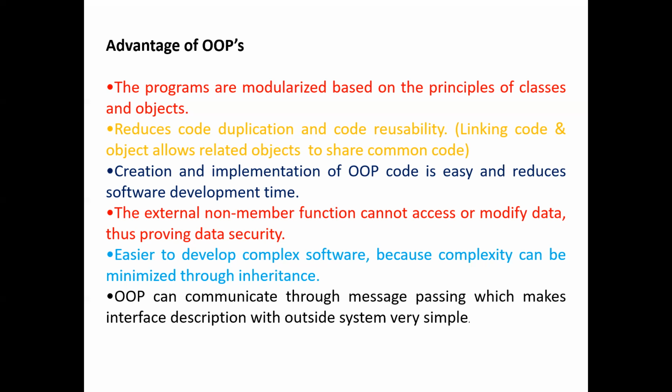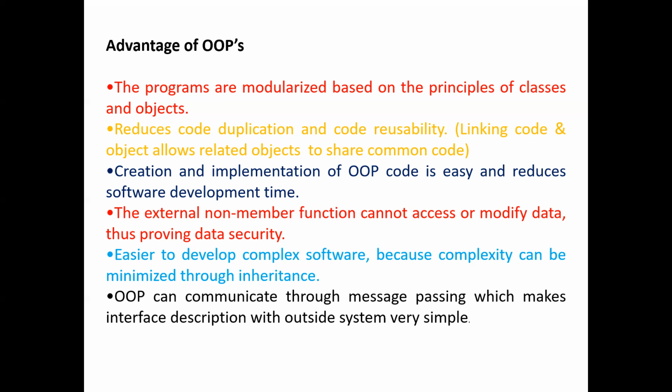Assume that we want to write a program for performing addition, subtraction, multiplication, division operations. Then you can write 4 modules: one for addition, one for subtraction, one for multiplication and one for division. Once the 4 modules are ready, it means creation is ready, then easily that can be implemented.